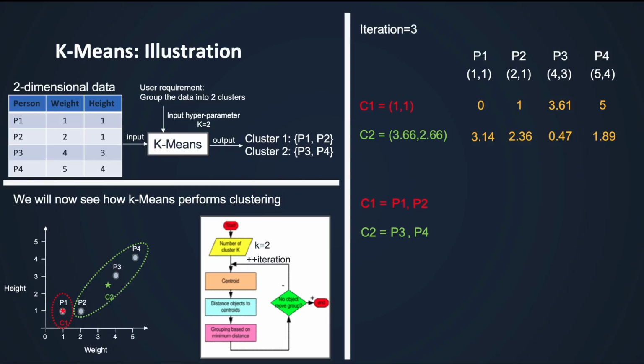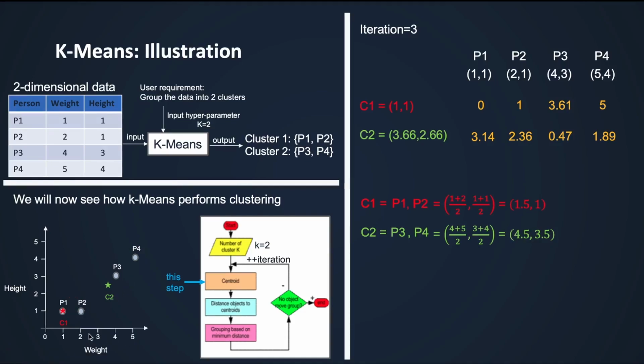In the third iteration, we again start with the calculation of centroids. So, in this step, we go to the cluster containing the points P1 and P2 and calculate its new centroid point. Similarly, we take cluster 2 containing the points P3 and P4 and use it as the centroid of cluster C2.